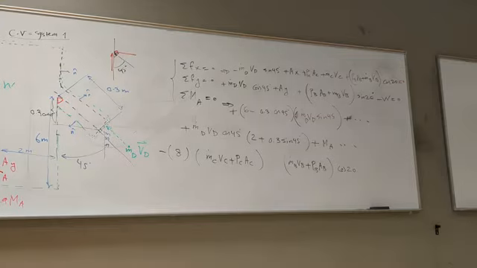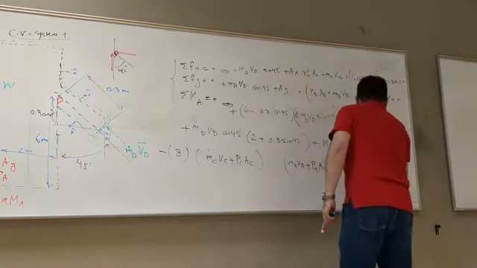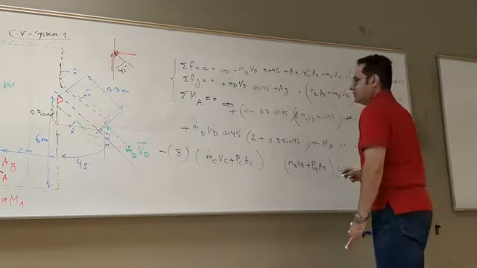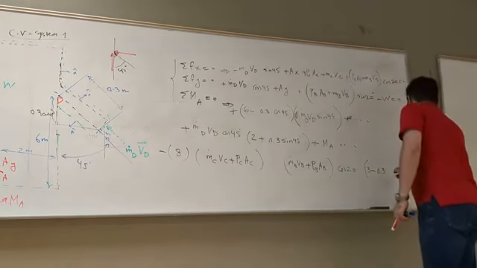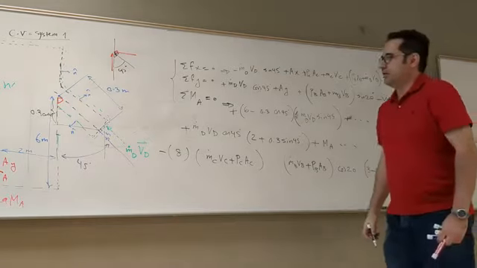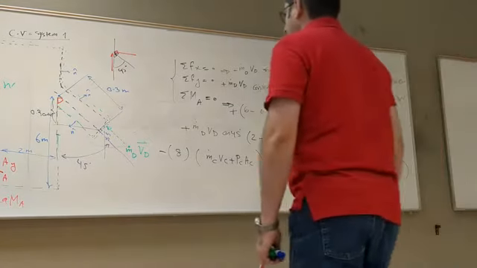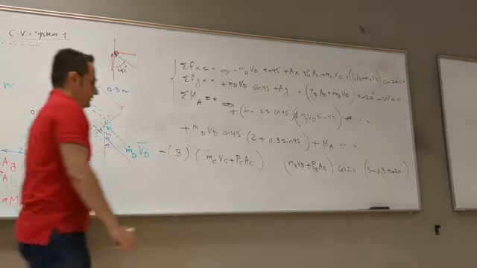It's smaller than 3. How small is it? So you say that force cosine 20 times 3 minus 0.3 sine 20. All right. Positive or negative? Negative. You get negative.